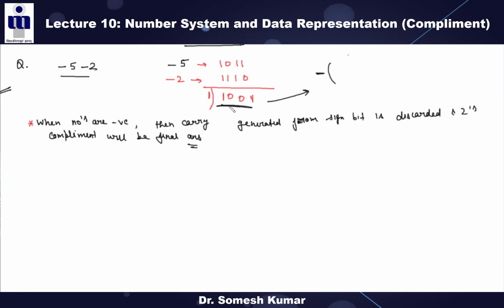What is the 2's complement of this? 0... This should be the magnitude, 7, right? So this is your minus. In this way, you can find out these things.